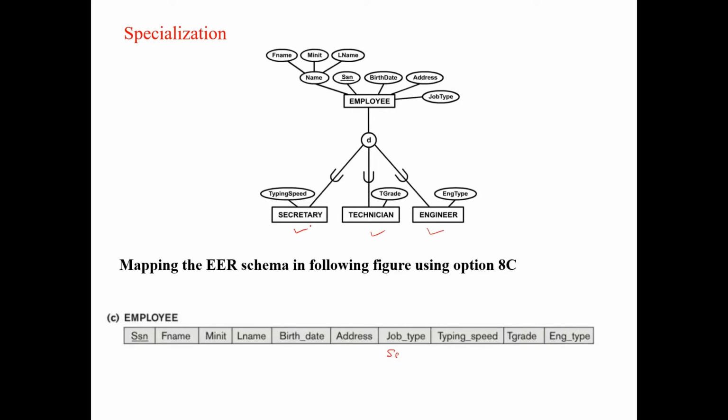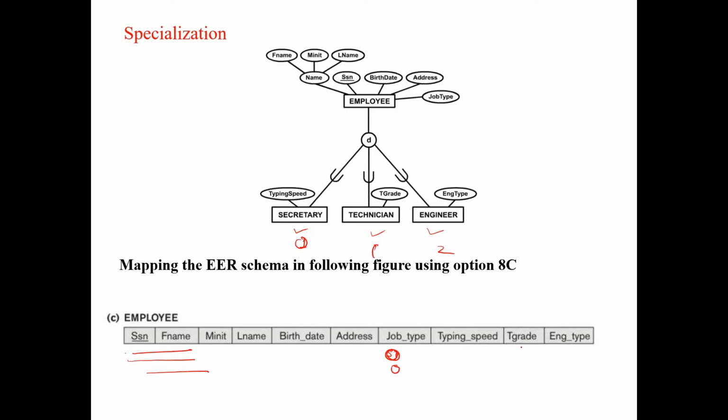For example, if for job type we give the values 0, 1, 2, and we consider it as an integer, then if we say 0, all these tuples, all these records, belong to the secretary.